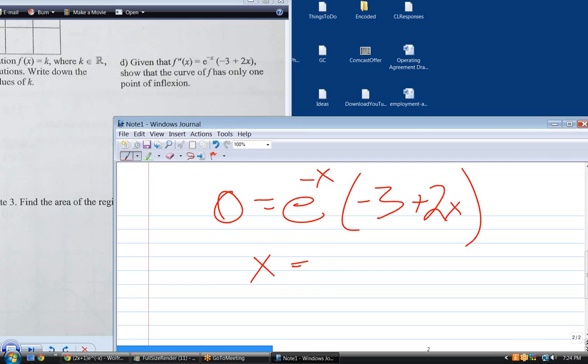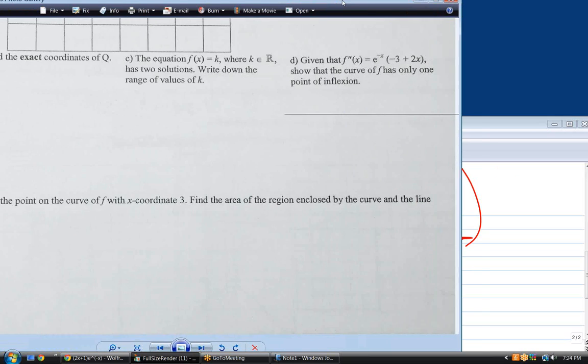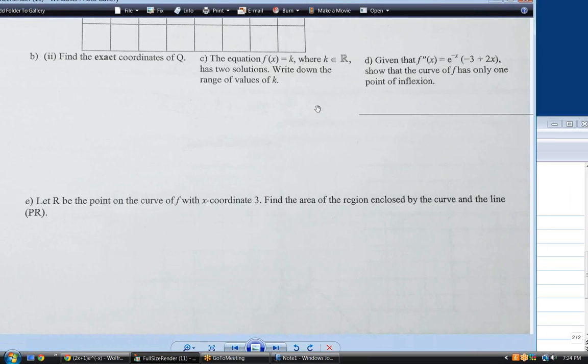When x is equal to 3 halves, we're going to have an inflection point, and that's the only place, because there's only one point where that's equal to 0. Right. So that answers D.